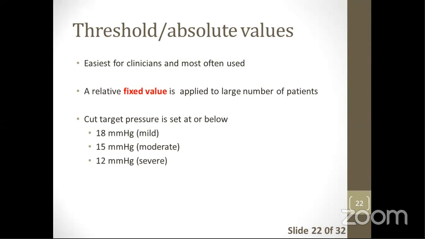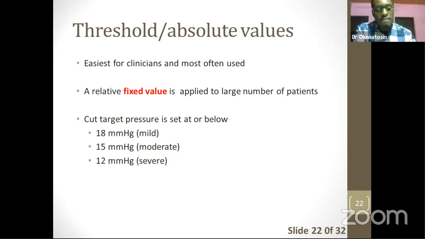Okay, thank you, Mark. A particular value is set, and it's applied over a large number of patients that might have similar features. So these values are set for mild, moderate, and severe.